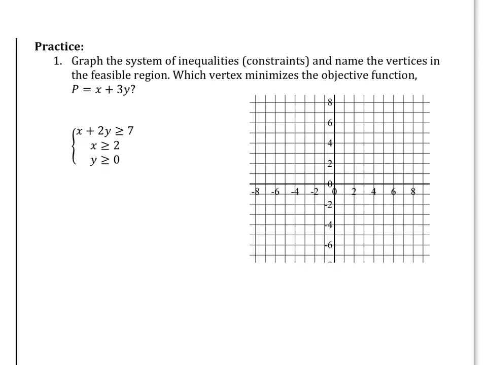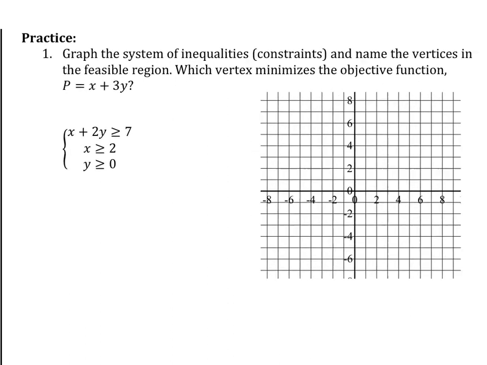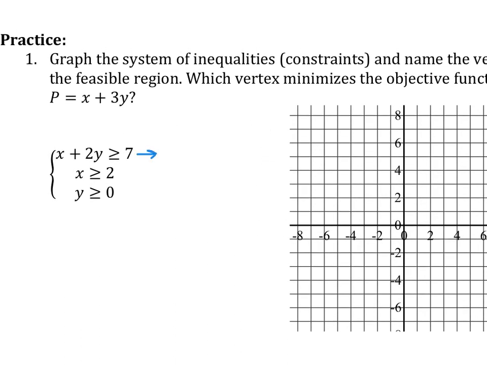Let's look at this problem. Graph the system of inequalities, that's constraints, and name the vertices in the feasible region. Which vertex minimizes the objective function p equals x plus 3y? So let's go ahead and actually graph this one.